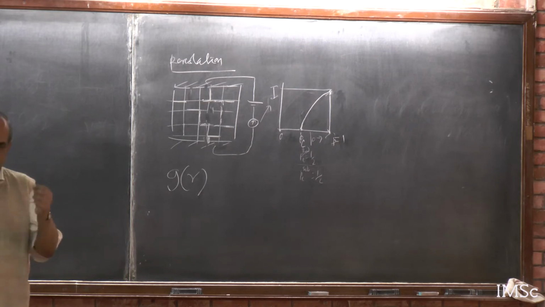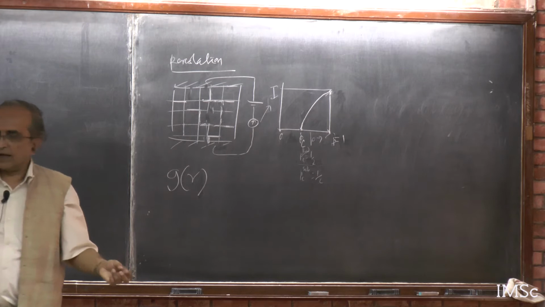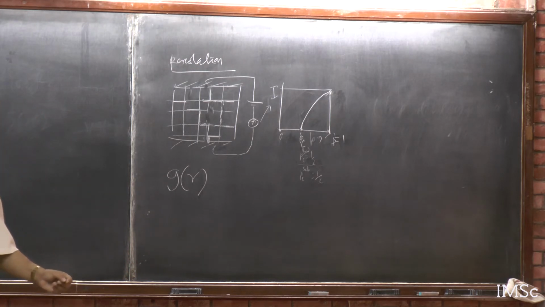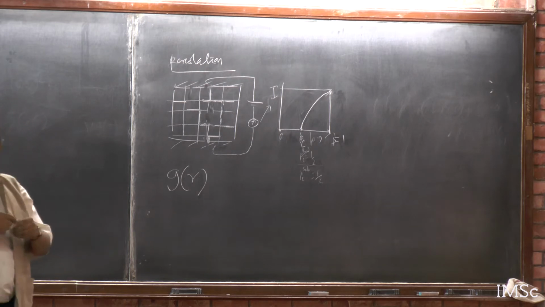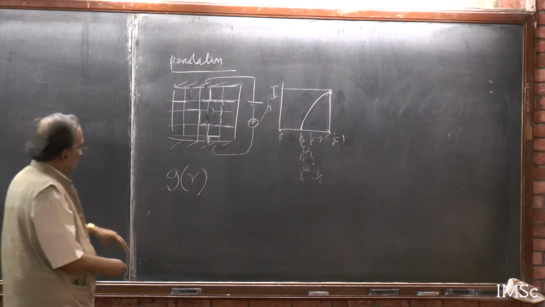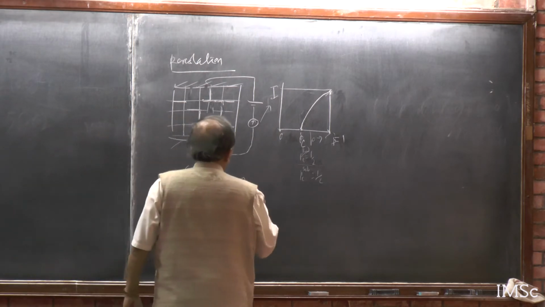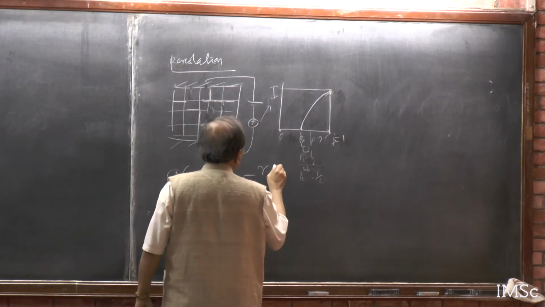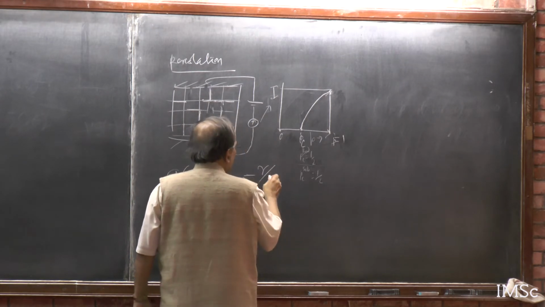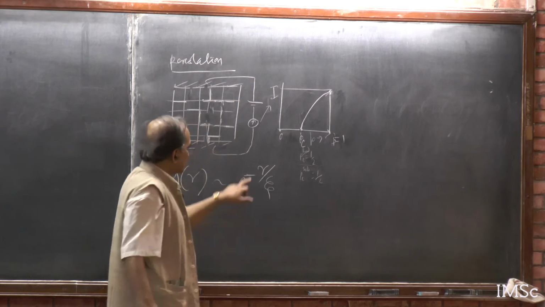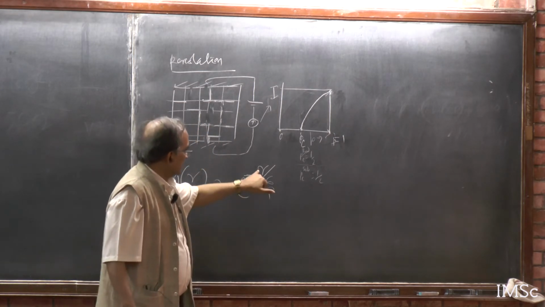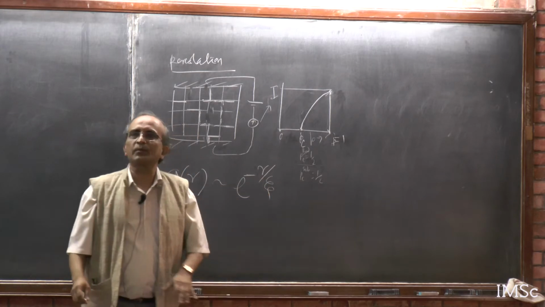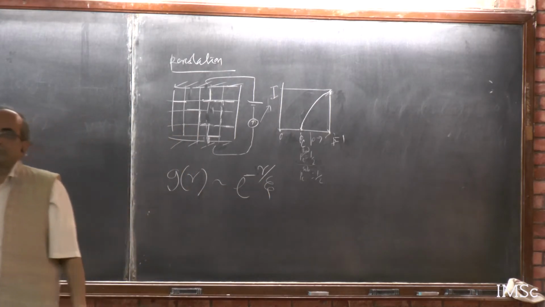I choose an arbitrary bond and another arbitrary bond at distance r, and then on average they are connected. You can easily see that as distance increases it will go down. It of course goes down typically as, and then there is a prefactor which I write as this, because this is a length, this is a probability, so I make it scale free, so length by another length called the percolation correlation length.